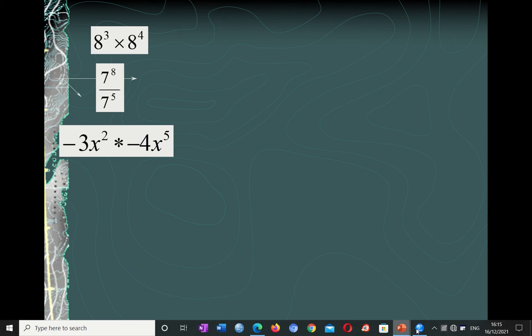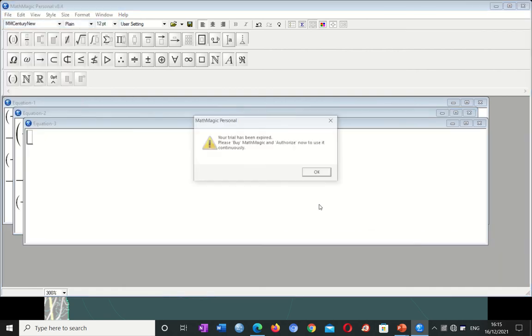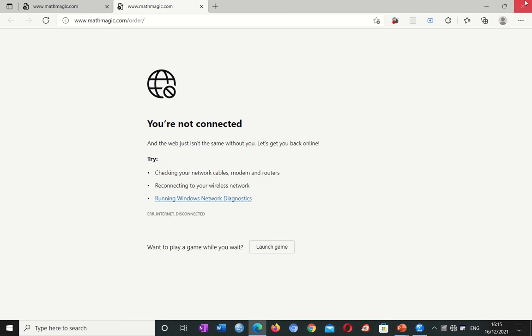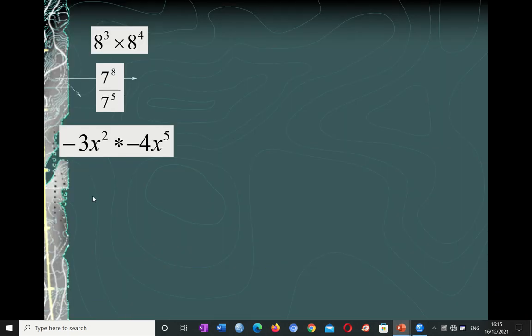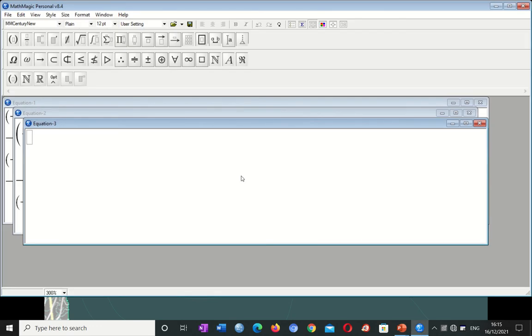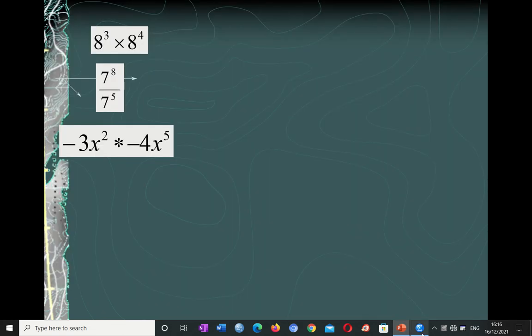Let me calculate it here. My question is that I have minus 3x to the power 2 and I have minus 4x to the power 5.